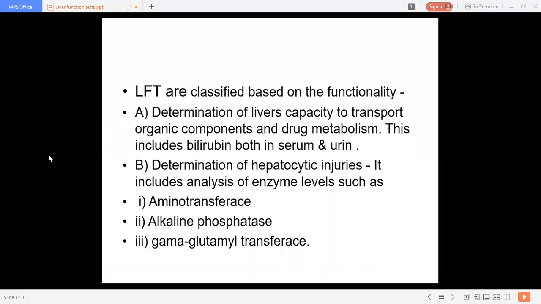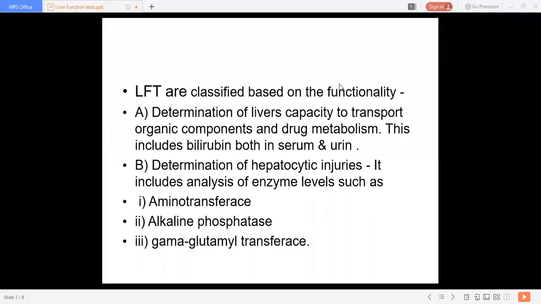So bilirubin is formed through degradation of hemoglobin, which is excreted out of the body through stool. Okay. So this bilirubin gets excreted out of the body through stool.